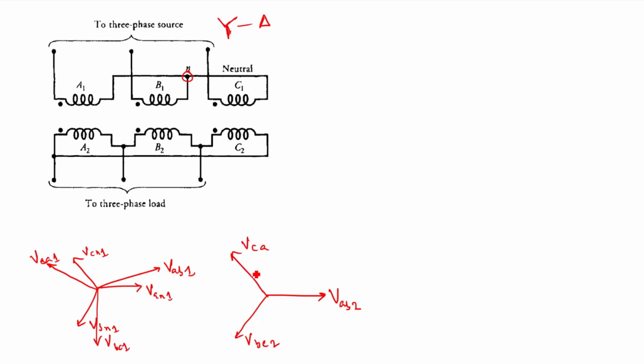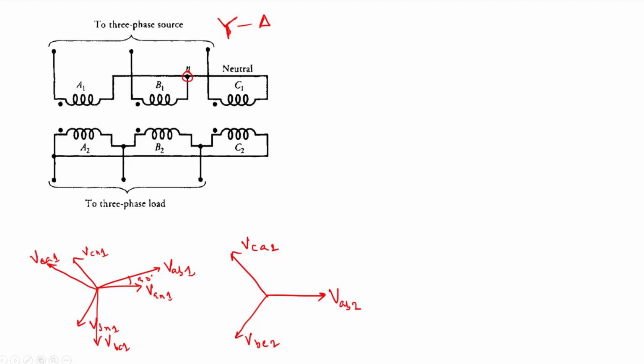Now what is the phase difference between the line voltage of the star side, the primary side, and the secondary side? Here it is VAB1, here it is VAB2. The phase difference is 30 degree, right?